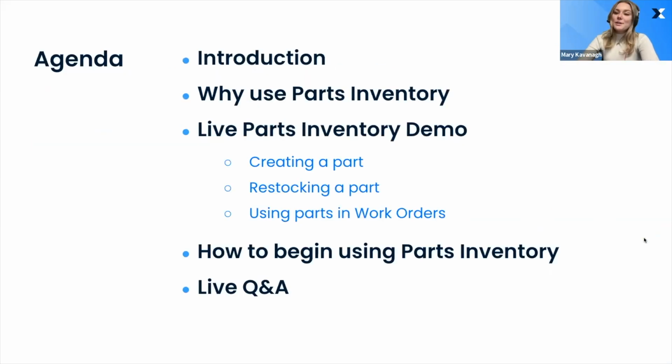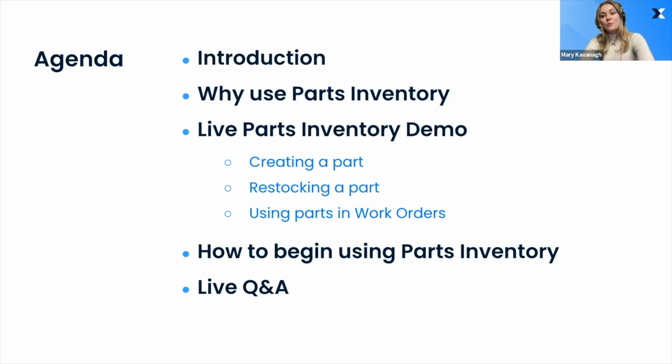Let's kick it off. So here's what we're going to be discussing today. Just a little bit of an introduction to get us started, and then we'll talk about why we should ideally be using parts inventory. Varies for everyone, but we'll dig into that a bit deeper. I'm then going to be giving a live parts inventory demo where I'll show you how to create a part, how to restock a part, and how to use a part in a work order as well.